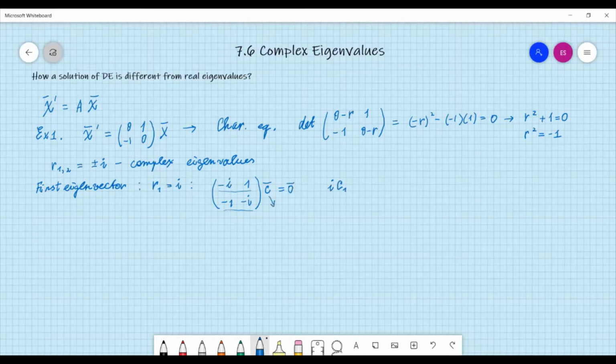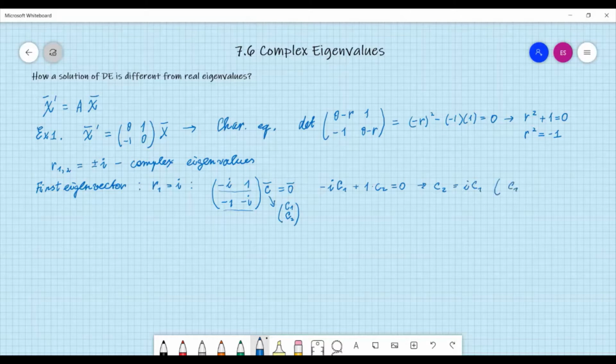This C is actually a column vector of two arbitrary constants, C1, C2. Sorry, it's supposed to be minus i C1 plus 1 C2 equals 0. I'm going to express C2 as i C1 and consider C1 as my free parameter.